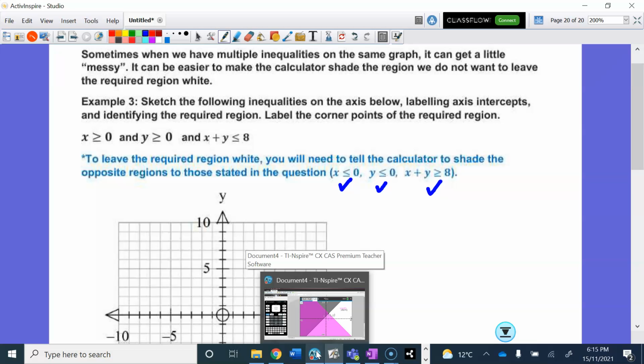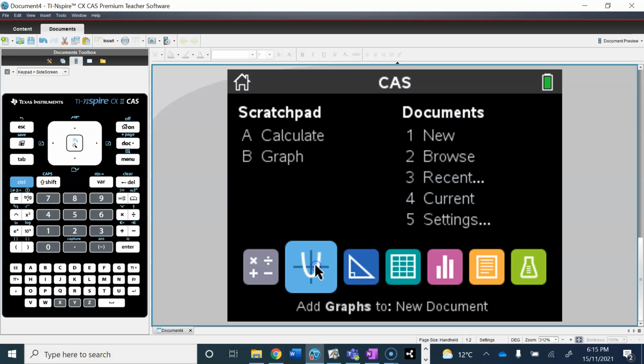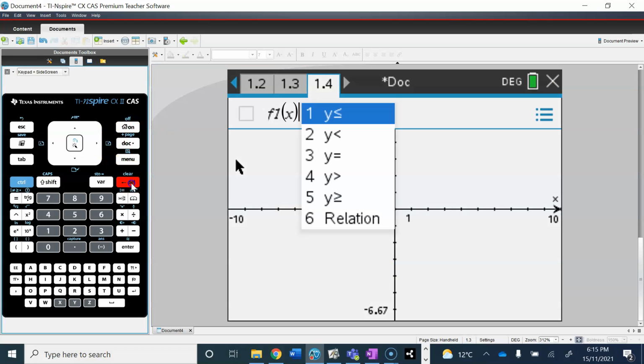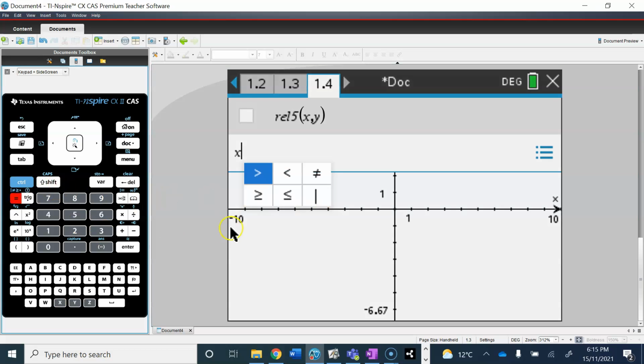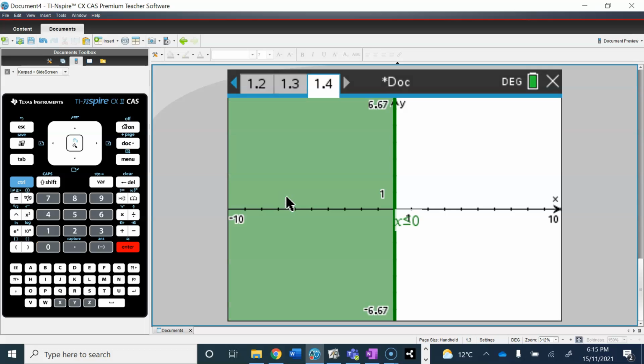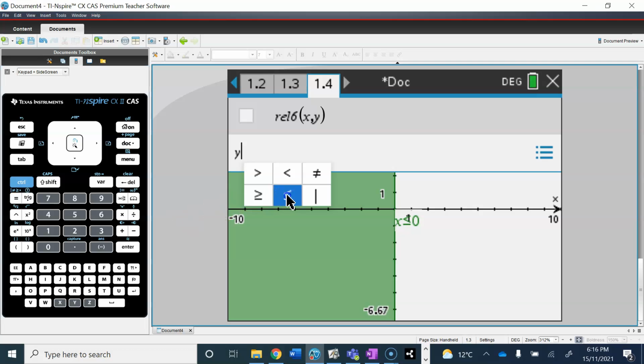Okay, so if we were putting this one with the 3 onto our calculator, and we type in x is less than or equal to 0, let's go on a new page, and we'll go x is less than or equal to 0, because I'm doing the opposite. And my tab, my second one was y is also less than or equal to 0. So y is less than or equal to 0.